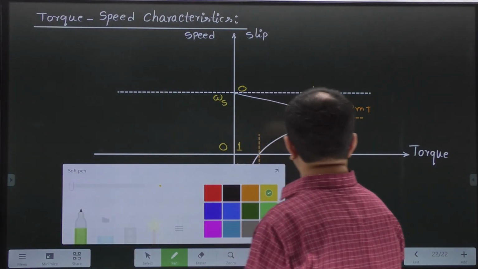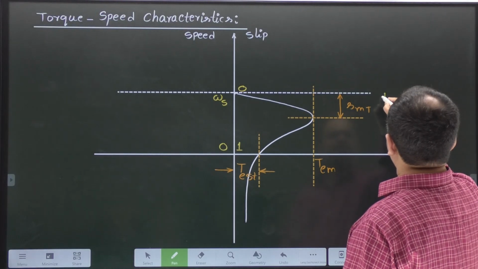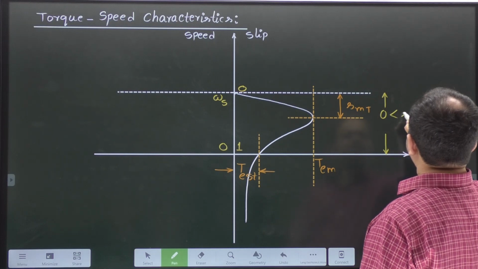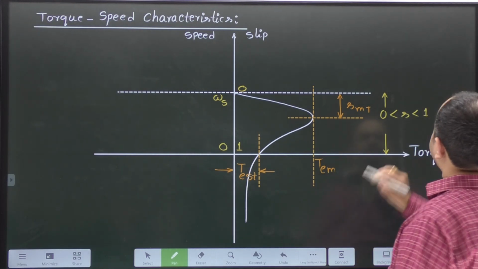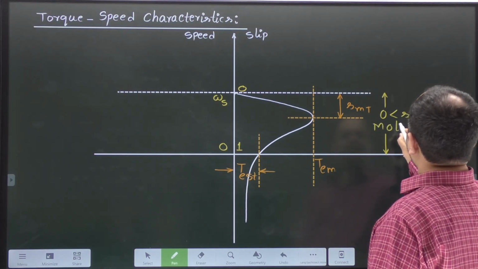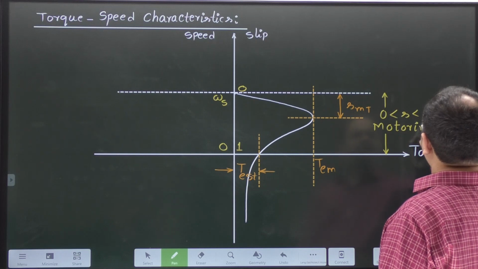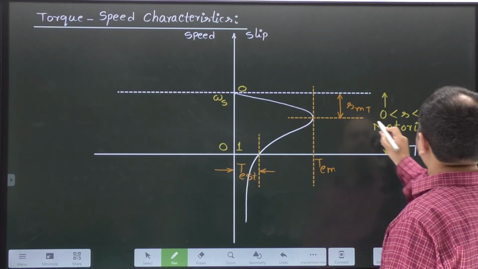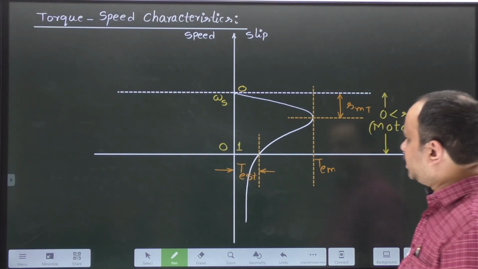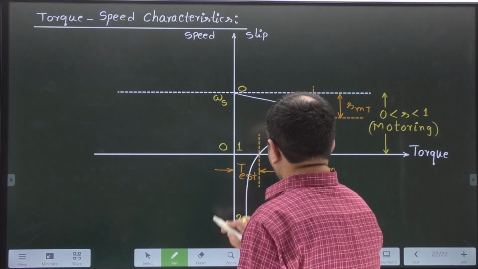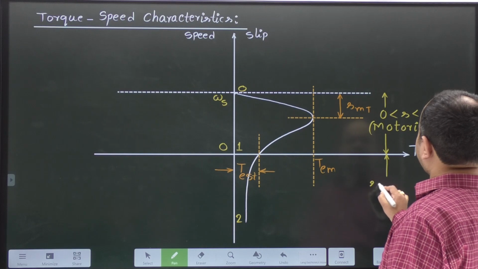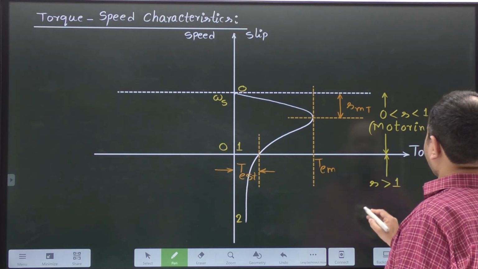So in this region, the slip value is 0 to 1. You can also say that the induction machine will operate in motoring mode when the slip is between 0 to 1. When the slip is between 1 to 2, or greater than 1, in this region slip is greater than 1.